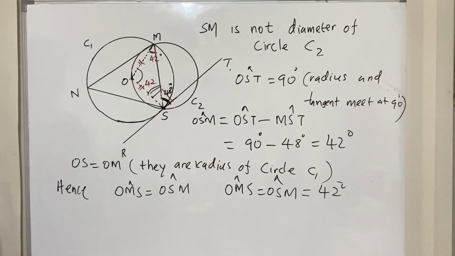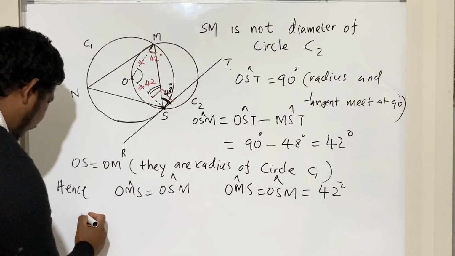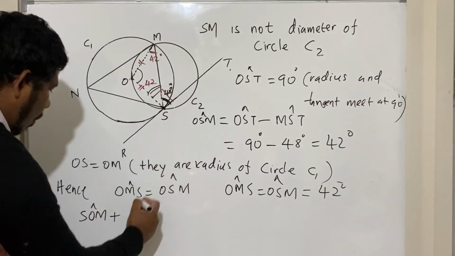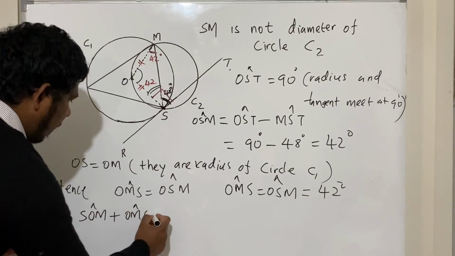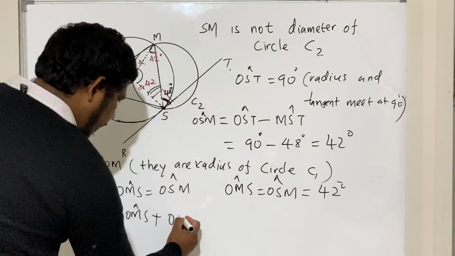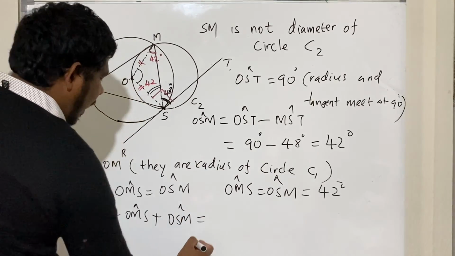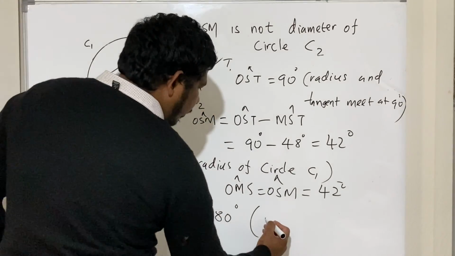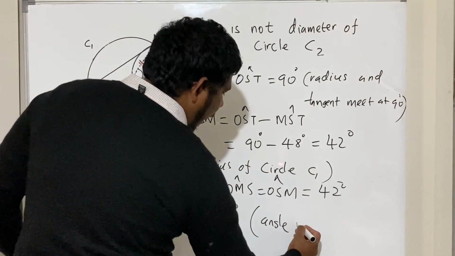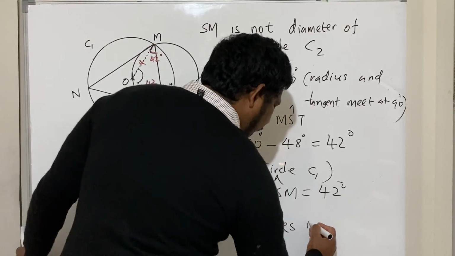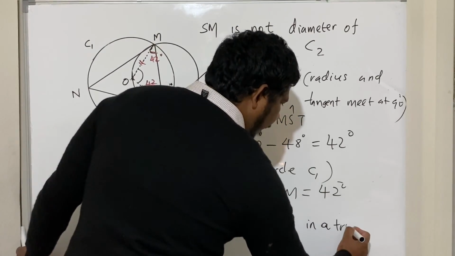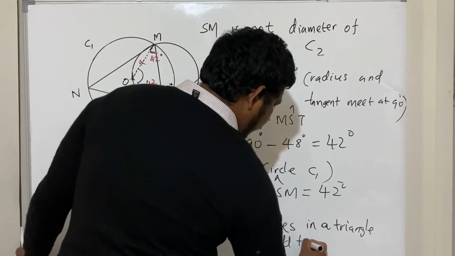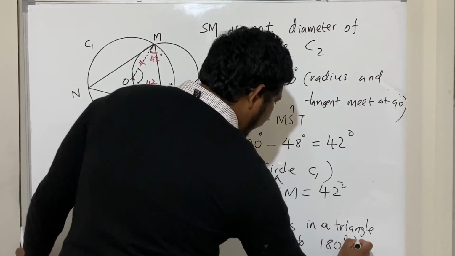So we can find angle SOM. Angle SOM plus angle OMS plus angle OSM add to 180 degrees, because angles in a triangle add to 180 degrees.